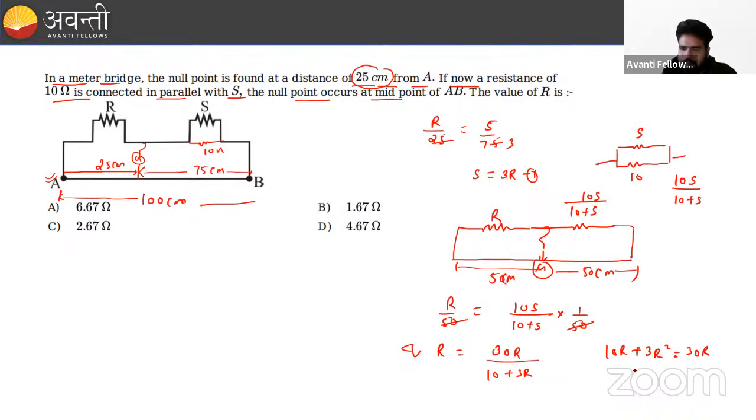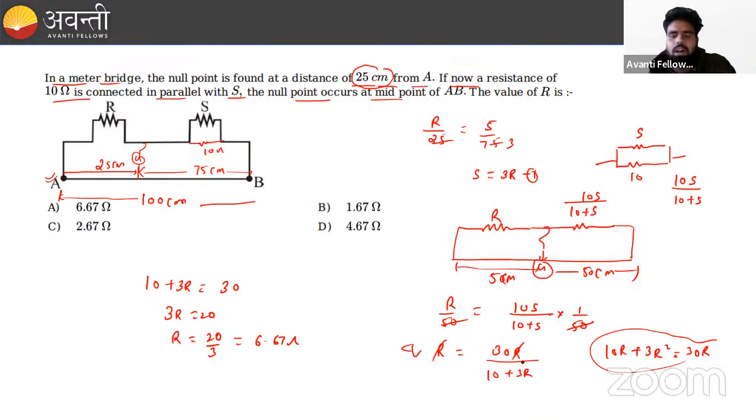If we take R common, R simply cancels out from here. So 10 plus 3R equals 30, and 3R will become 20. So the value of R will become 20 by 3, which is nothing but 6.67. There is no need to do this, we can simply cancel out R from here.